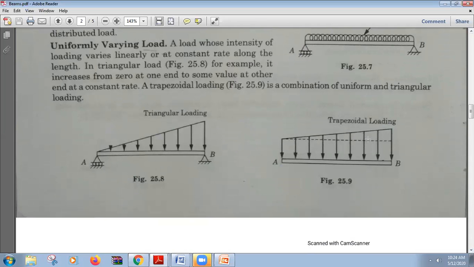So from point A to point B, a uniformly distributed load is acting, as well as we can see the magnitude above the dotted line is uniformly varying load. So it's a combination of uniformly varying load plus uniformly distributed load. So we can add similar like this. As we have seen earlier, it can be found by combining these two, a combination of uniformly distributed load and uniformly varying load.